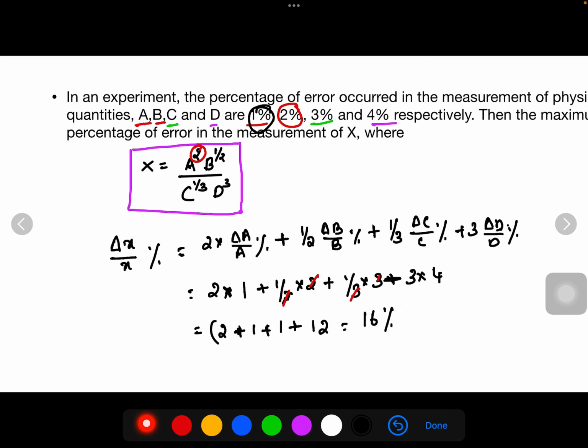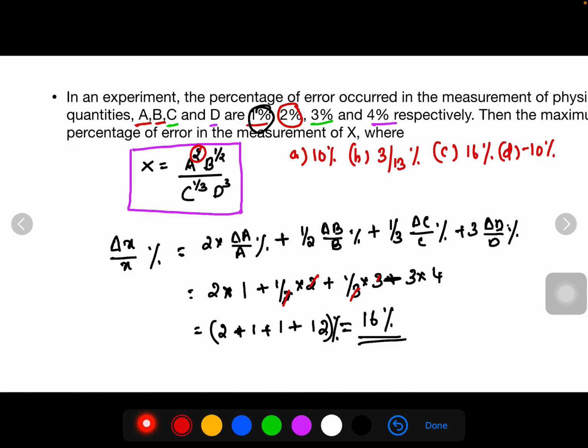All these factors are given in percentage, so 16% is the error in the measurement of the value of x. The options were A 10%, B 3 by 13%, C 16%, and D minus 10%. Here the correct answer is 16%, that is option C.